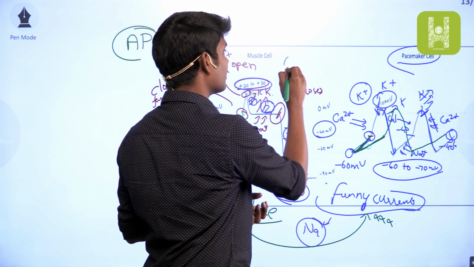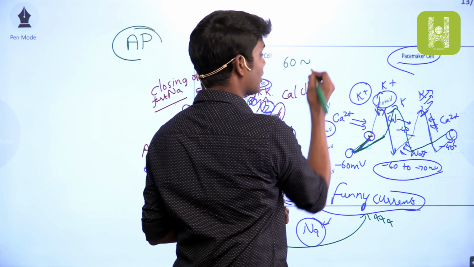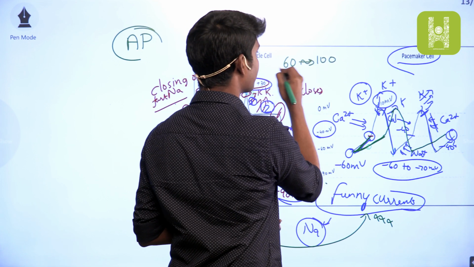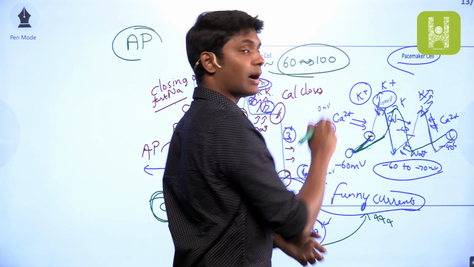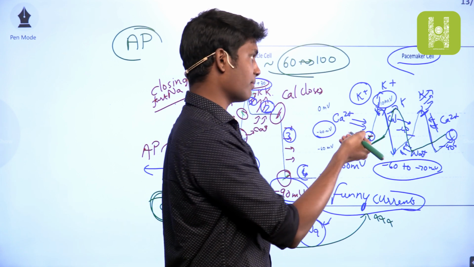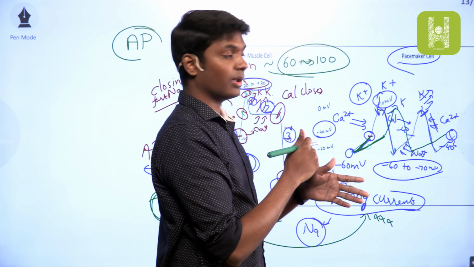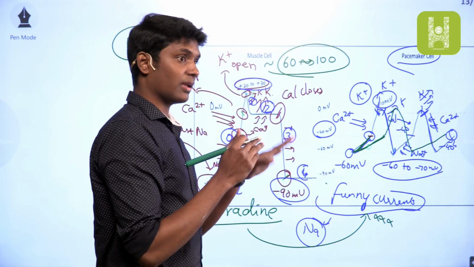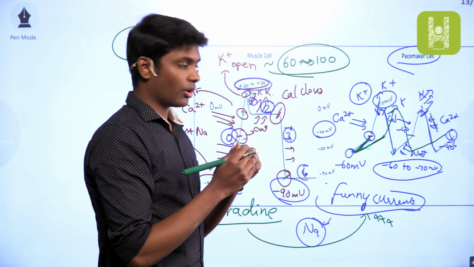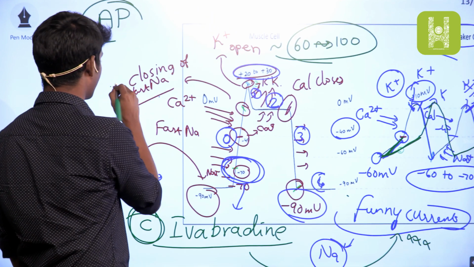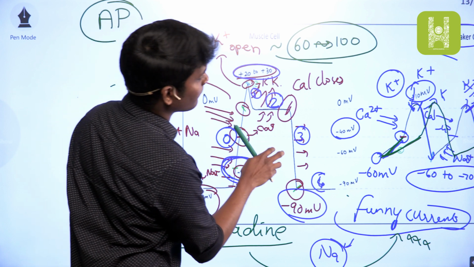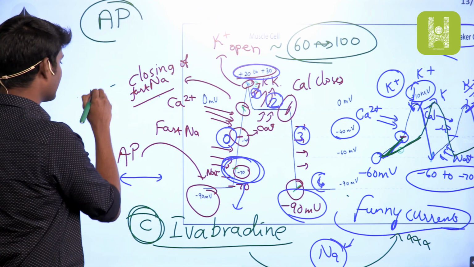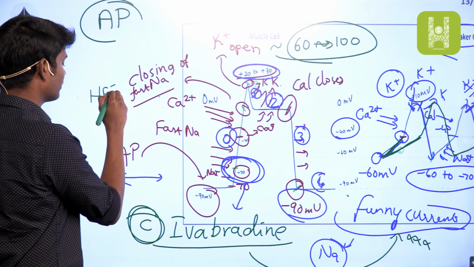So if the normal rate of firing of the sinus node is around 60 to 100 per minute, if you give ivabradine, it can fall. This particular drug can be used when there is tachycardia due to a particular cause, or it can also be given during heart failure.